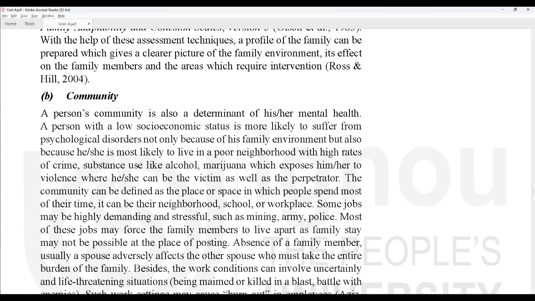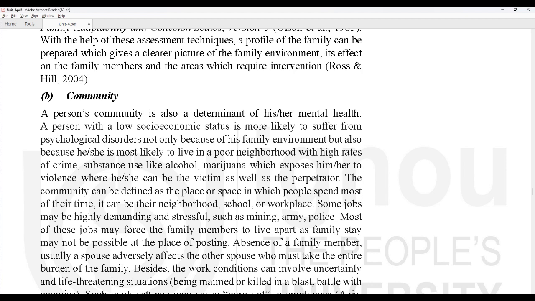A person with a low socioeconomic status is more likely to suffer from psychological disorders, not only because of his family environment but also because he/she is most likely to live in a poor neighborhood with high rates of crime and substance use like alcohol, marijuana, which exposes him/her to violence where he/she can be the victim as well as the perpetrator. The community can be defined as the place or space in which people spend most of their time. It can be their neighborhood, school, or workplace.